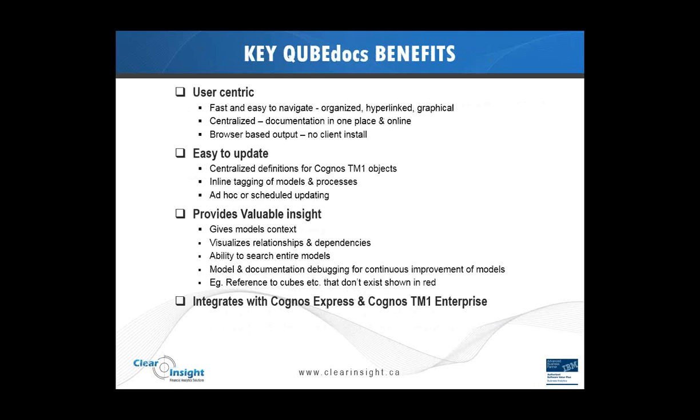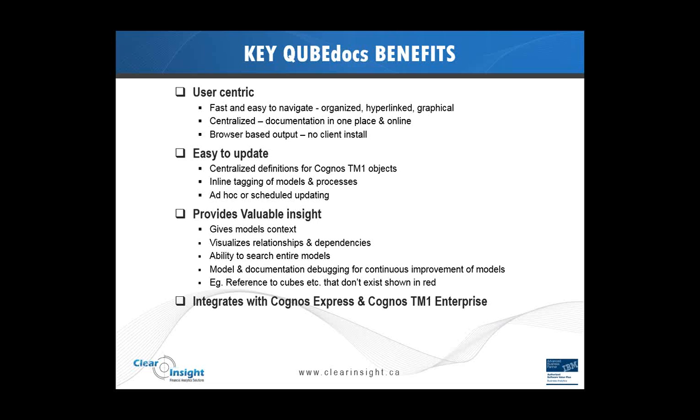Some key benefits: it's user-centric. It's designed to be very easy to use, very easy to update, very easy to access, and provides you the insight across your models. And we're talking about TM1. So of course, what we really mean is that in the context of QUBEdocs, it's the TM1 underlying data structures, cubes, and models.